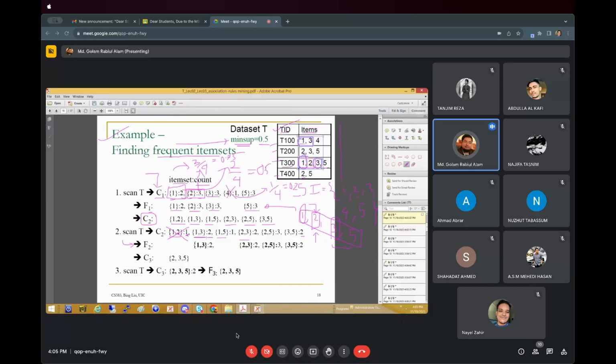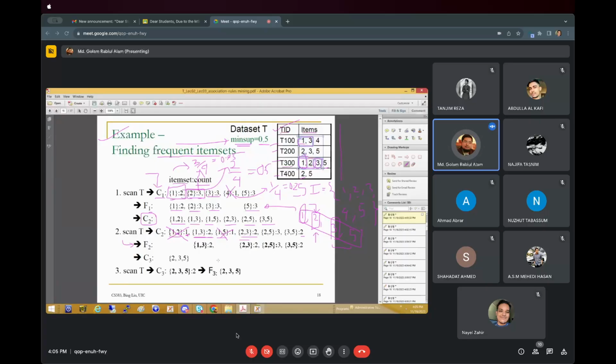We have to keep this one because the support is 0.5. For this item set the support is 0.25, so we have to drop that one. Now for 2, 3, it is 2, so we keep this. It is 3, we keep this. It is 2, we keep this. That means this is our frequent item set of 2 items.